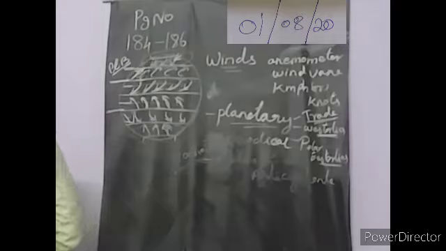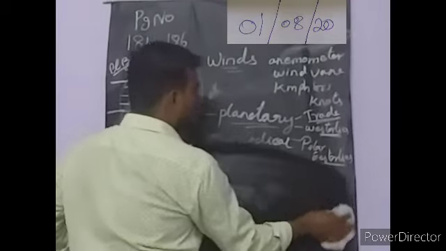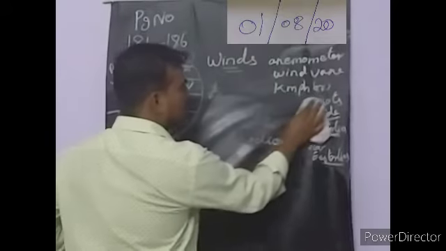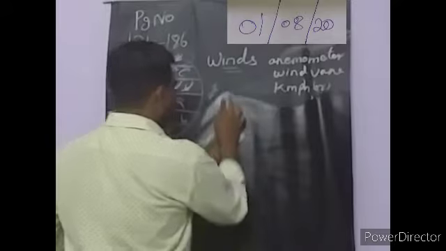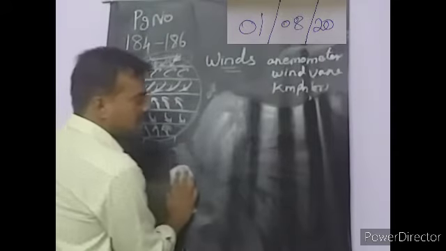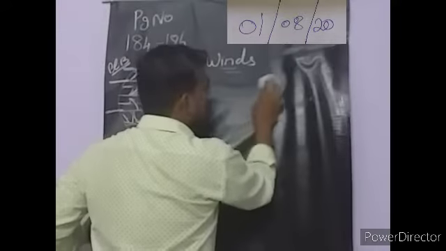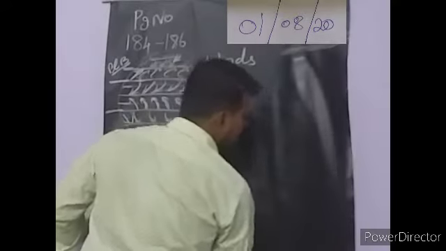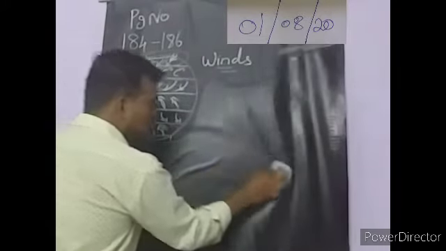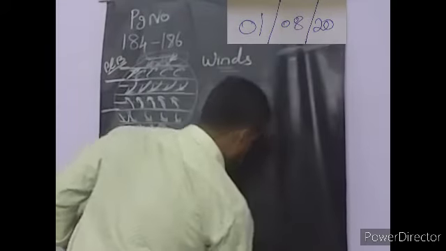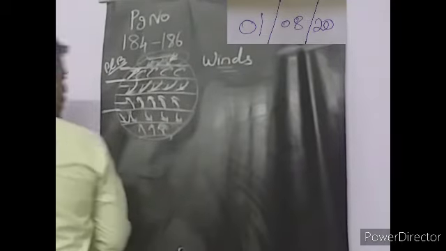So first we can see the cyclone. What is a cyclone actually? We have more knowledge about the cyclone, I think, because we have coastal regions near to us. Normally we get cyclones from the ocean, and that is called a tropical cyclone.